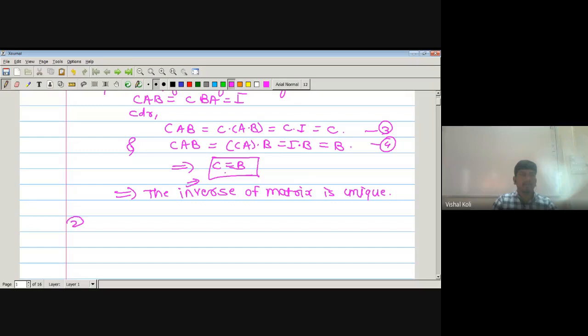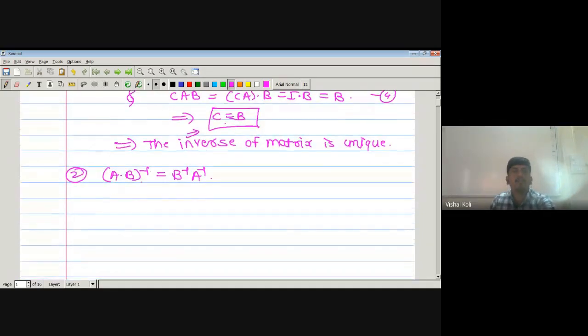Now, the second one: A into B inverse is equal to B inverse into A inverse. So here we have to check that the inverse of the product AB is nothing but B inverse into A inverse.